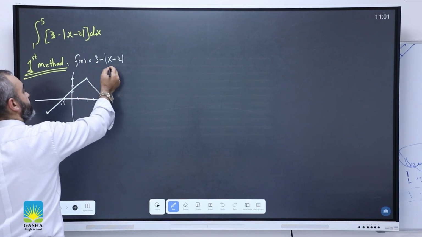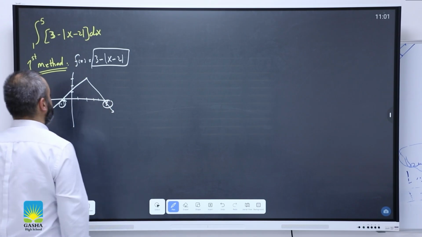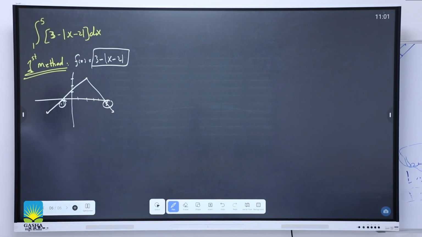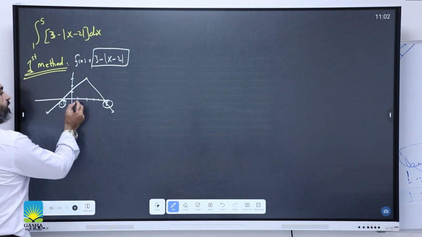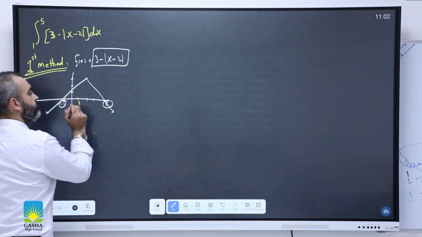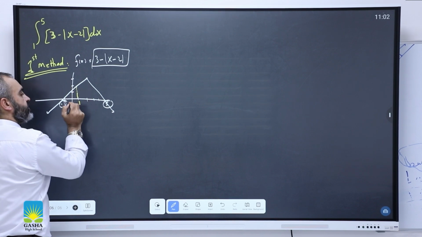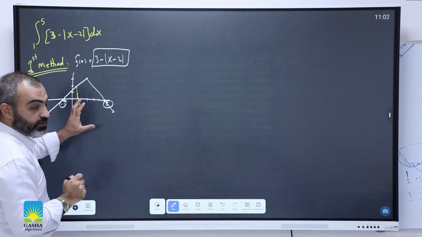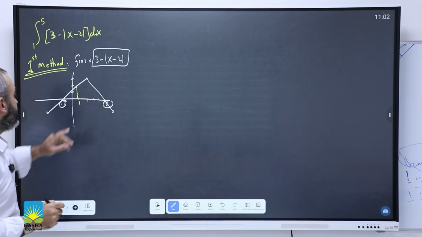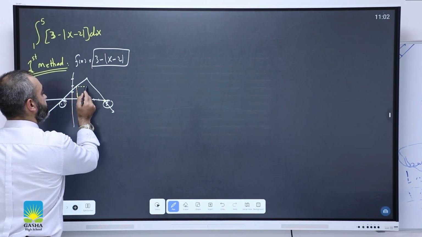Because the x-intercepts of this function are negative 1 and 5, right? So the integral from 1 to 5 is about 1 and 5. So we have the start point and this is the end point. And like the mean value, we can divide it into some areas here.